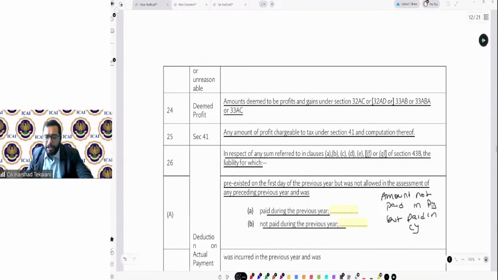So you'll get a deduction in current year. So you need to provide the details of that amount paid during the previous year. And if anything is still not paid, then the amount not paid during the previous year.